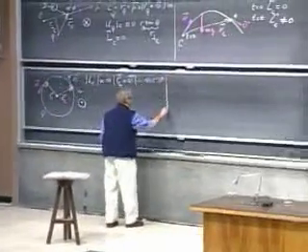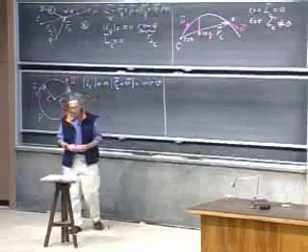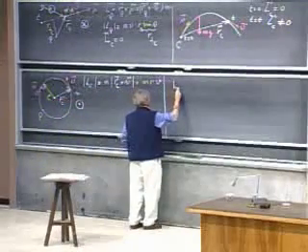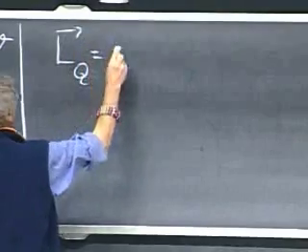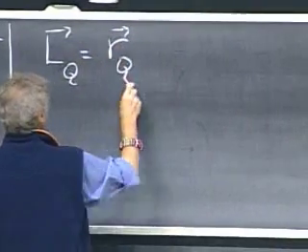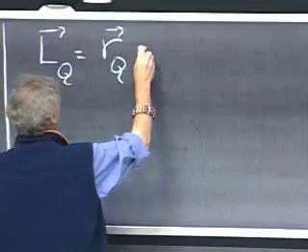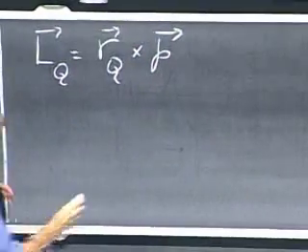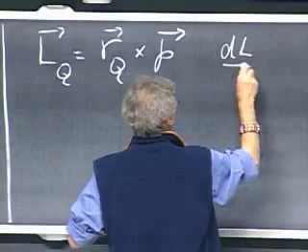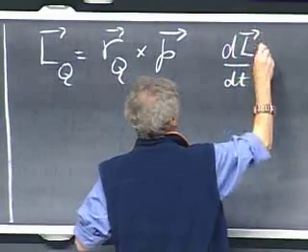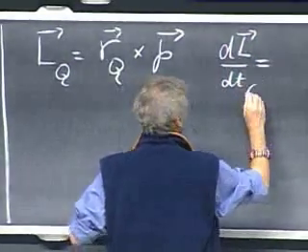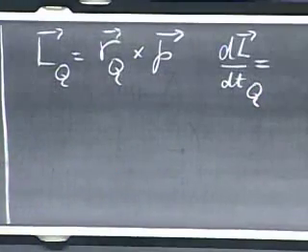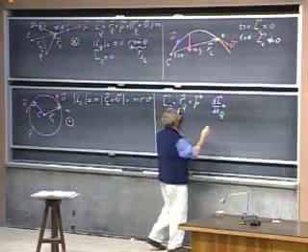And I want to address that in a little bit more general way. I take the angular momentum and I choose a point Q, and I know that the definition is position vector relative to point Q cross p. I take the time derivative, dL/dt, relative to that point Q. It's always important that you state which point you have chosen relative to which you take the angular momentum.